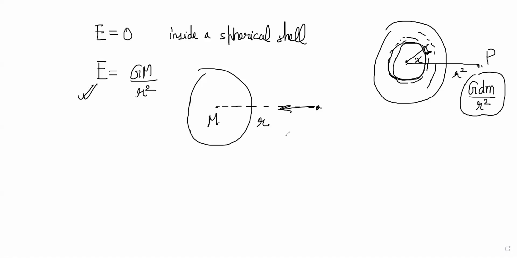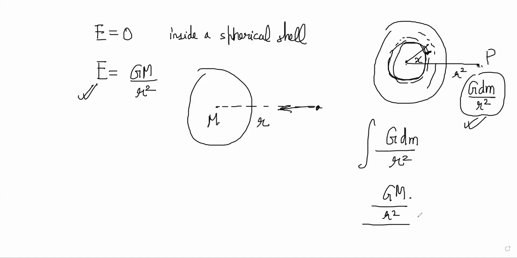So you have to just integrate G dm by r squared to cover all the shells. If the point is outside, for every shell you are getting this. So the integration is simply this, so it will be G capital M by r square.